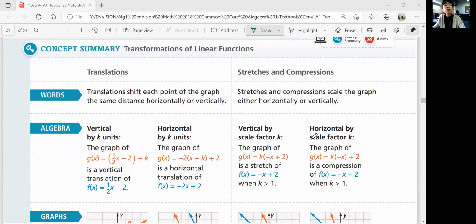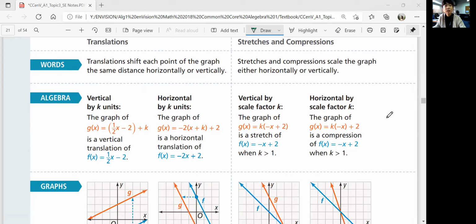All right, so let's summarize our lessons. Transformations of linear functions. In this lesson, we learned how to translate and shift each point of the graph and identify how they're translated vertically or horizontally. And also, we learned how the graphs could be stretched or compressed by scale factors of k, constants.